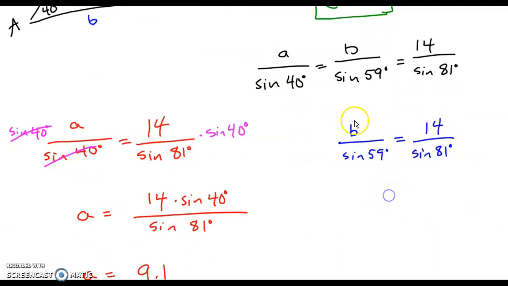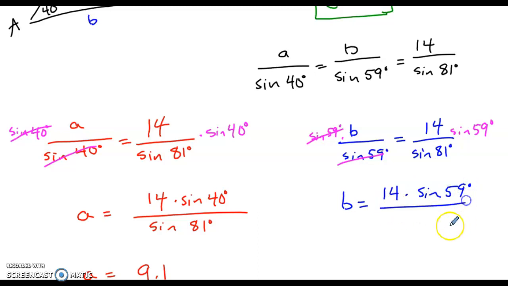I'm going to get B alone by multiplying both the left and right side of the equation by the sine of 59 degrees, which will cancel that denominator right there. And I'll be left with B equals 14 times the sine of 59 degrees divided by the sine of 81 degrees.